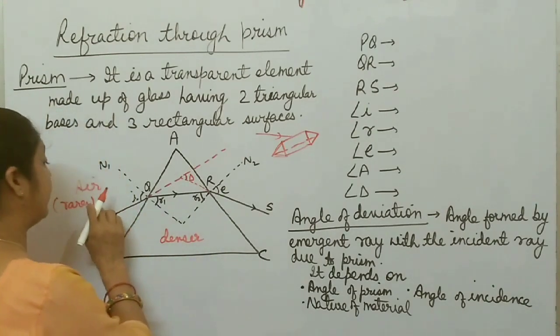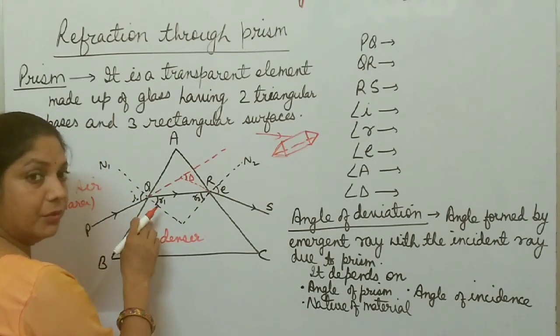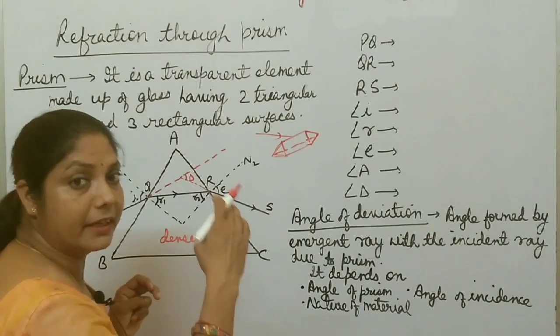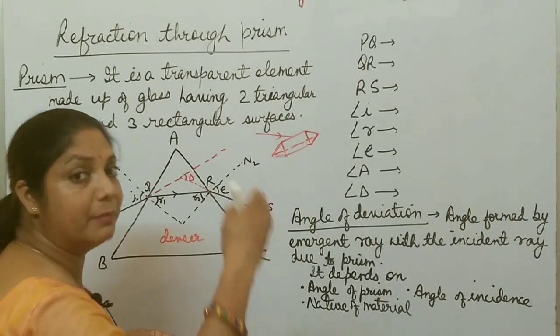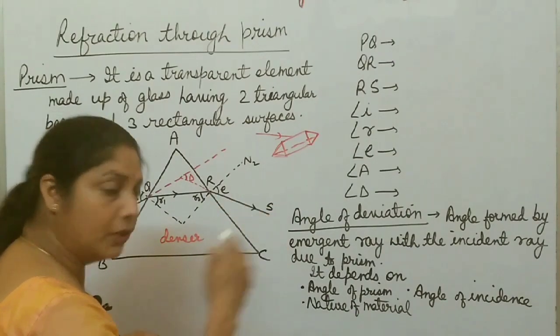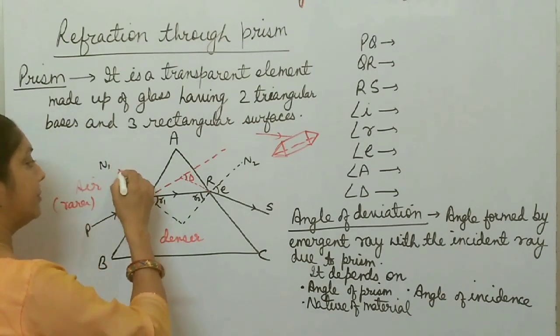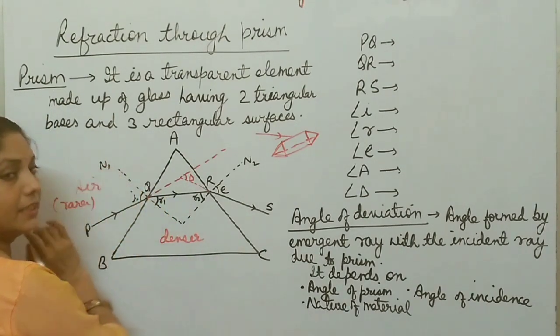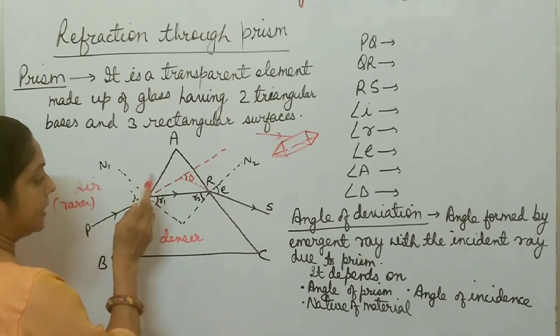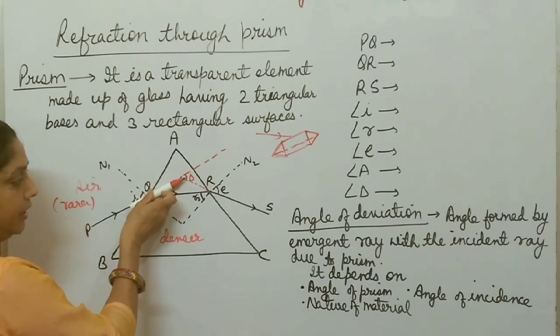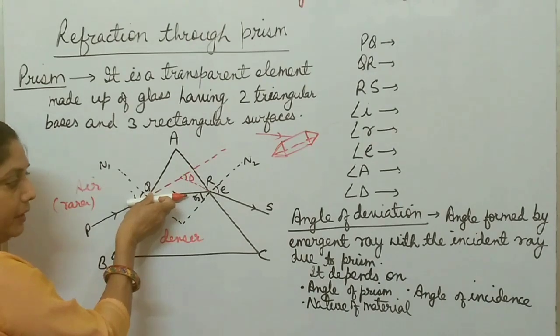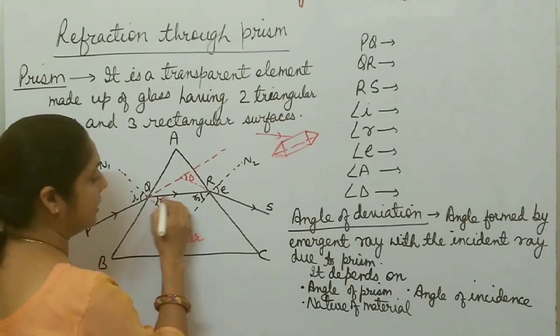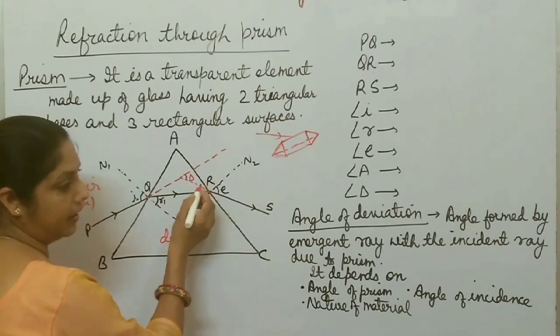And when light travels from rare to denser medium, you know bending of light takes place, or light bends towards the normal. So you first draw one normal. This is normal on this surface at point Q. This one is N1. Now instead of going straight through this one, light bends towards the normal like this one. So this is the refracted ray QR, right?